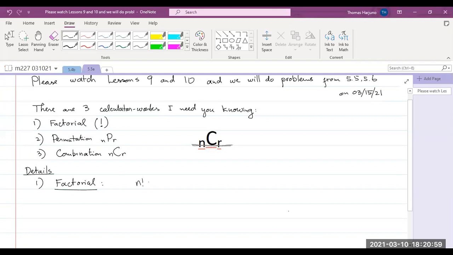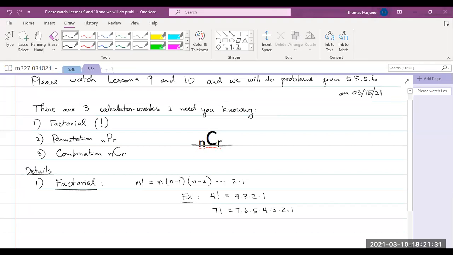n factorial means n times n minus 1 times n minus 2, all the way down to 2 times 1. For example, 4 factorial means 4 times 3 times 2 times 1. 7 factorial means 7 times 6 times 5 times 4 times 3 times 2 times 1.